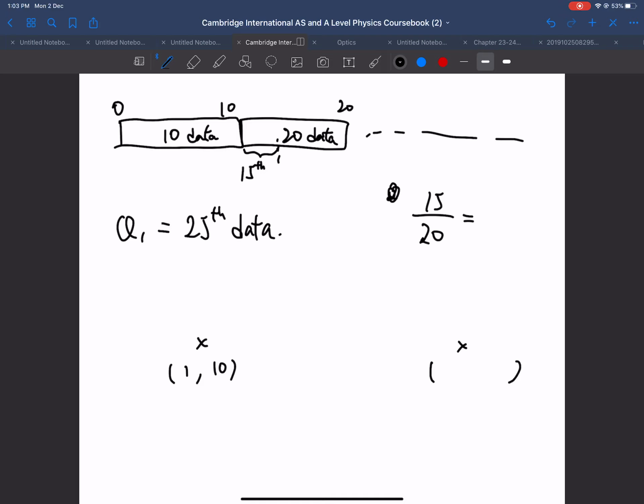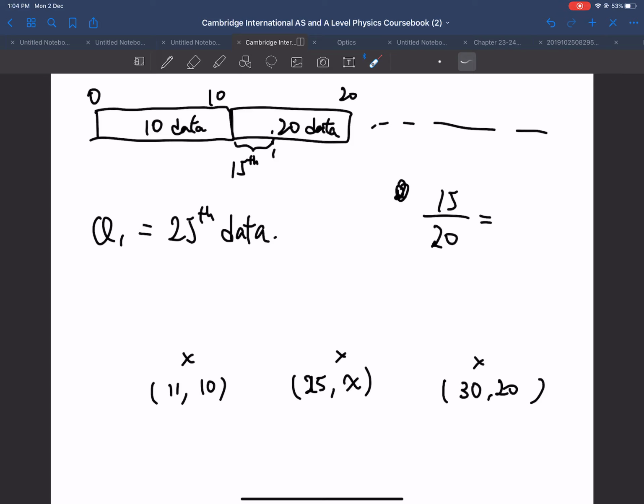Because 25 minus 10. Wait, if Q1 is the 25th, then isn't it 100 data? Yeah, there is more at the back. No, 10 plus 15, 25.